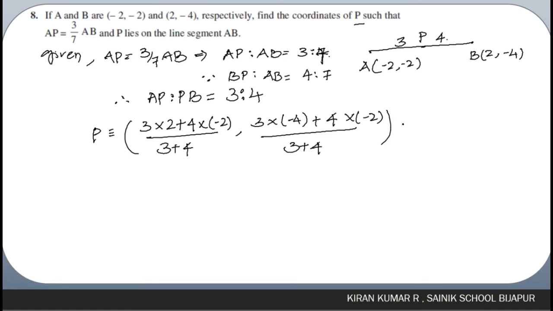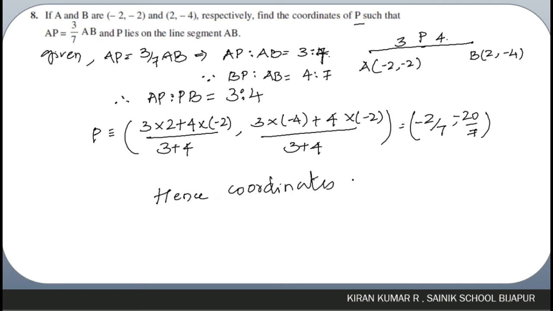On further simplification, we get negative 2 by 7, comma negative 20 by 7. Hence, the coordinate of point P is negative 2 by 7, comma minus 20 by 7.